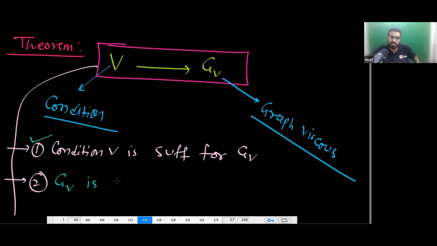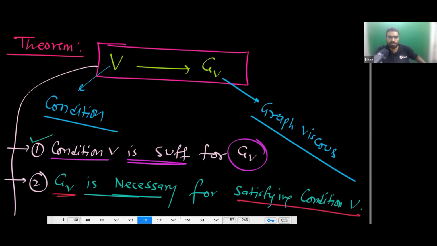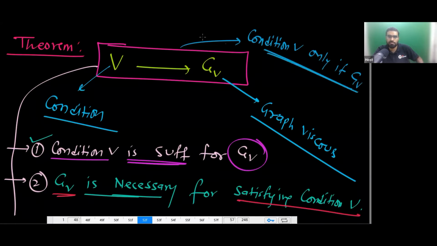Graph viscous is necessary for condition V. So graph viscous is necessary for satisfying condition V. Condition V is sufficient for graph viscous, and I can also say graph viscous is necessary for satisfying condition V. I can also say condition V only if graph viscous, right? Very simple.